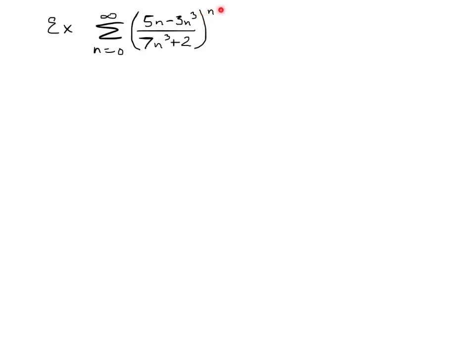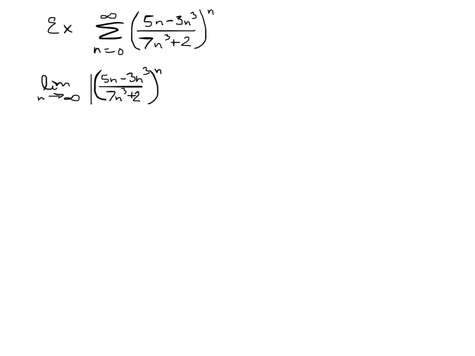It doesn't come up very often, and when it does, root test is definitely the one to use. So we're going to take a limit as n approaches infinity of the absolute value of (5n minus 3n cubed) all over (7n cubed plus 2), and it's the absolute value of that to the n.